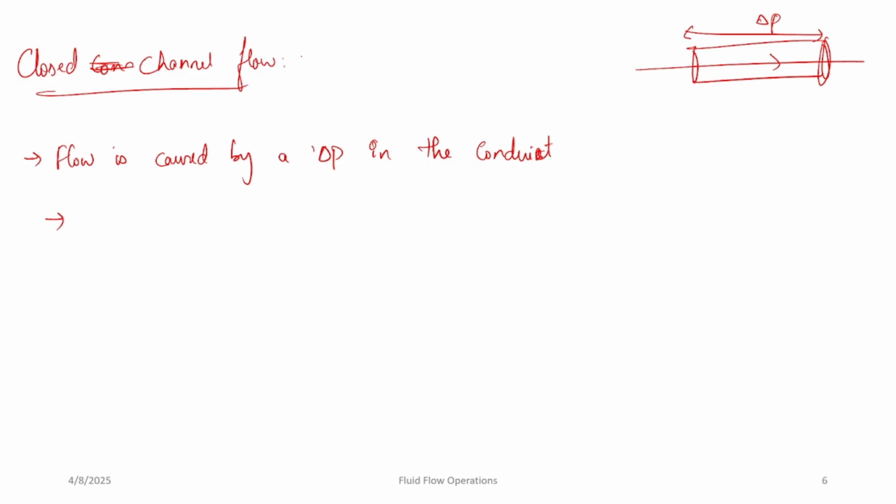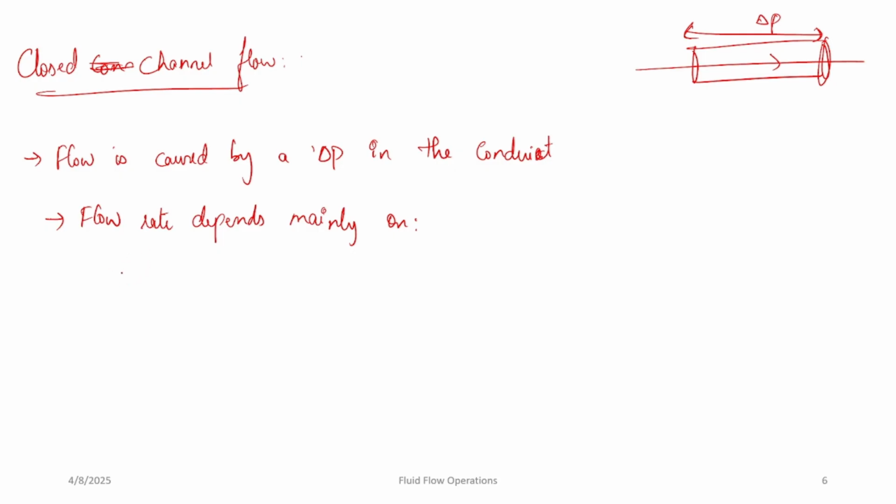And the flow rate will depend upon four parameters. If you increase the pressure drop, or the pressure difference, you are providing more driving force, so automatically the flow rate will increase.